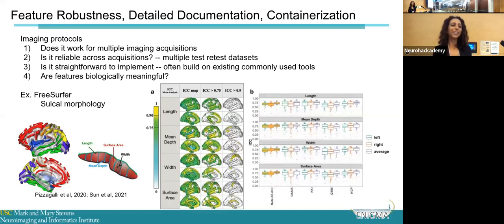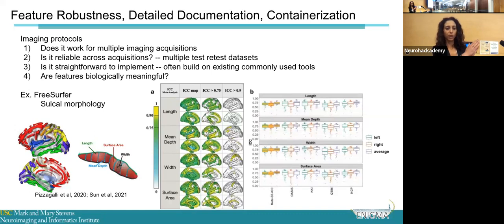And most importantly, are the features that we're extracting, is there a reason to study them? Are they biologically meaningful? A lot of the initial ENIGMA studies were based on extracting FreeSurfer volumes from the subcortical regions, and thickness and surface area from the cortical regions.